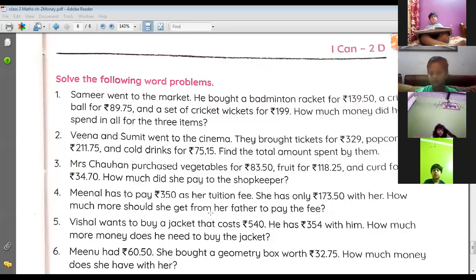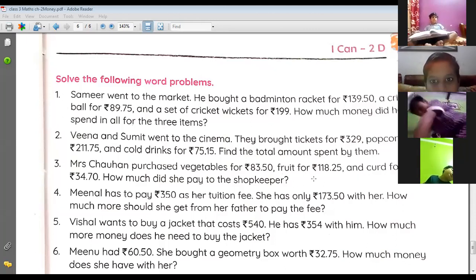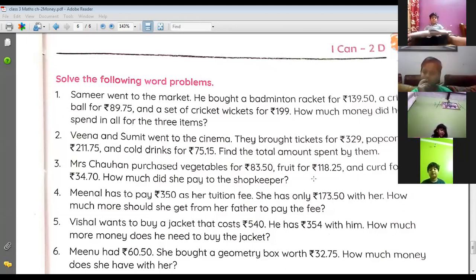Okay. So in order to find out the total amount they spent, can you tell me what we are going to do here? Yes, add. Exactly. We are going to do the addition over here.